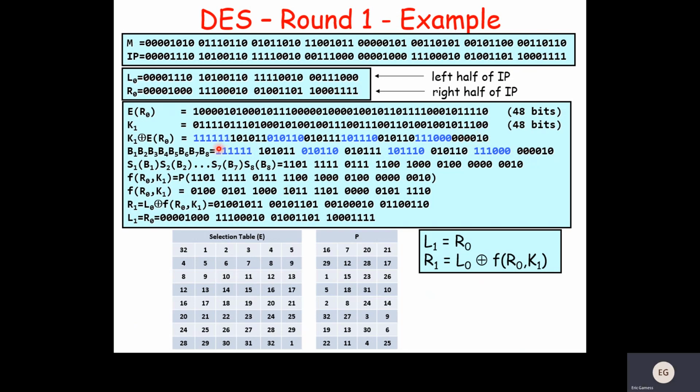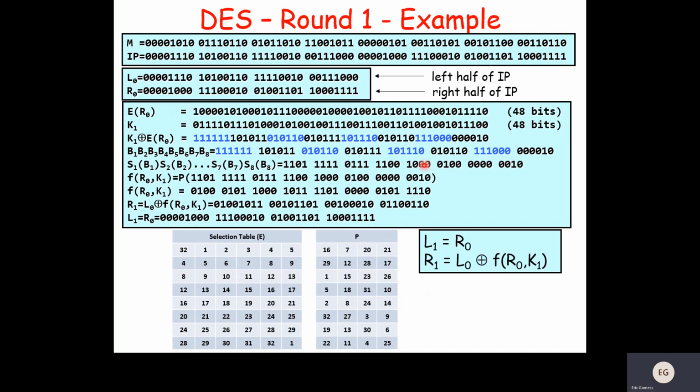For B1, you apply the S1 table, and it will give you this 4 bit. For B2, you apply the S2 table. It will give you this 4 bit. And so on, up to B8, where you apply the S8 table. It will give you this 4 bit.